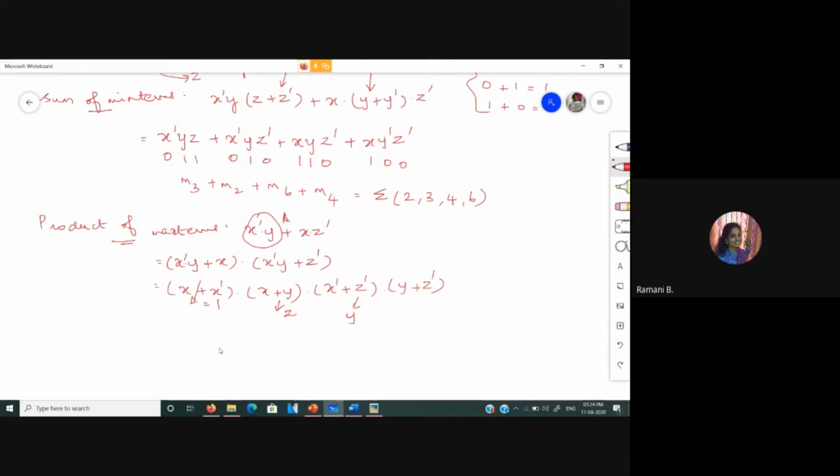So x plus x bar, because they are commutative, so I can have it as x plus x bar or x bar plus x, whatever it is. And here this will be y plus x. I am writing it just in x, y, z order, so I am having it as x plus y. And here you are having, again, x bar dot y plus z bar. So (x bar plus z bar) dot (y plus z bar).